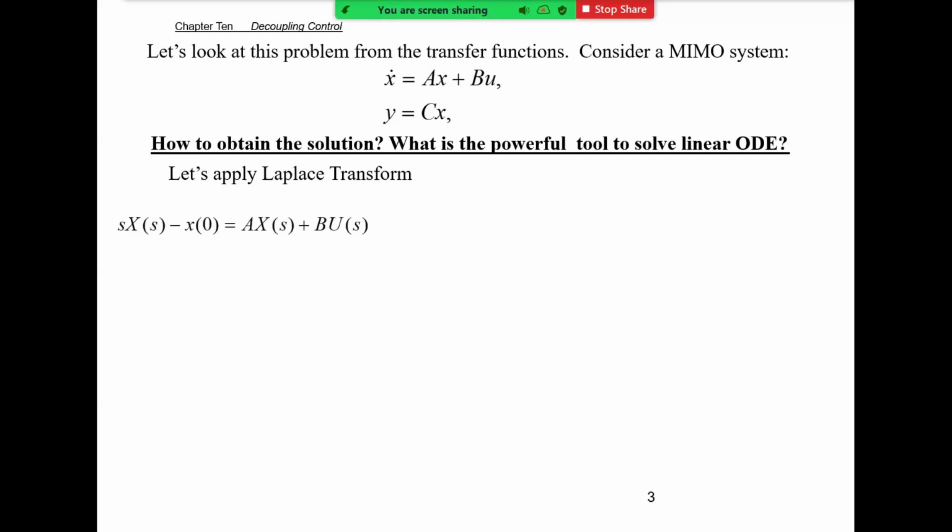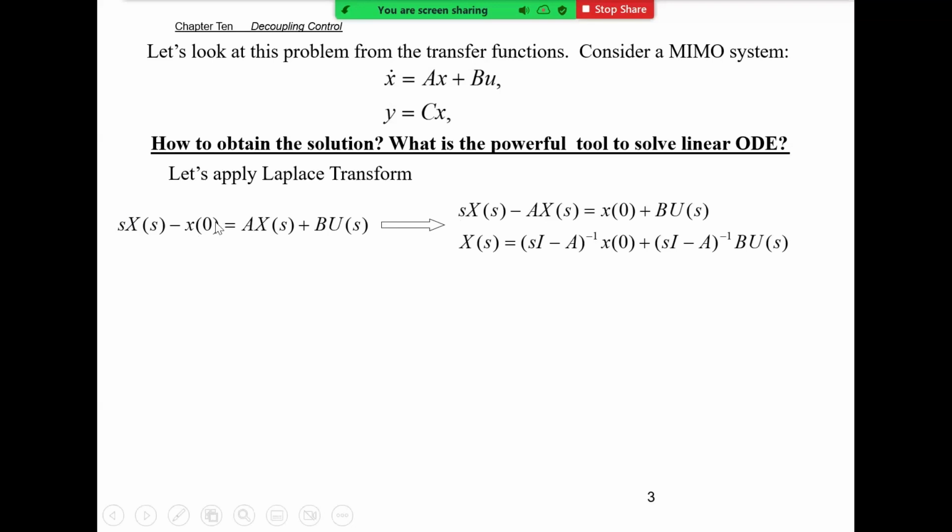The Laplace transform can convert the differential equation into an algebraic equation. The derivative in the S domain becomes S times X minus the initial condition. From this, you can get the solution of the state X in the S domain.